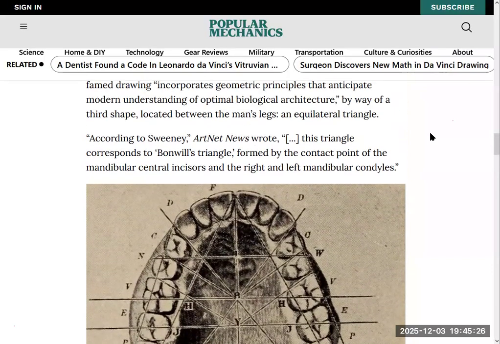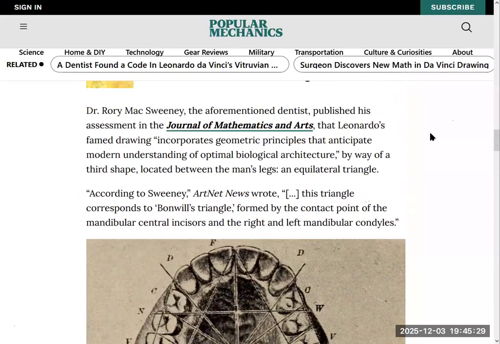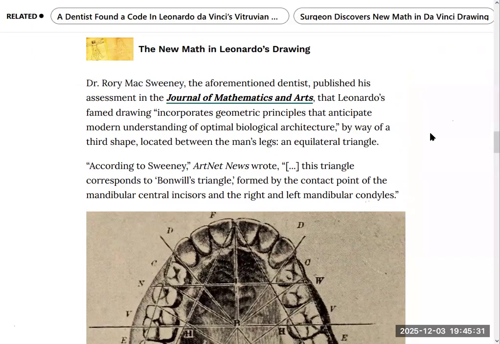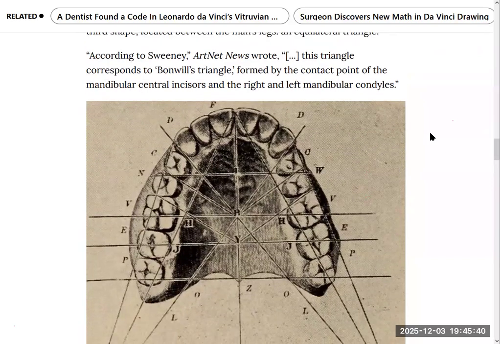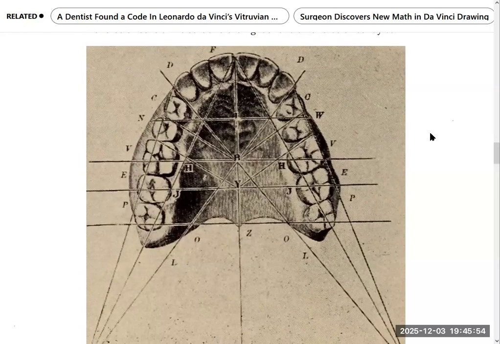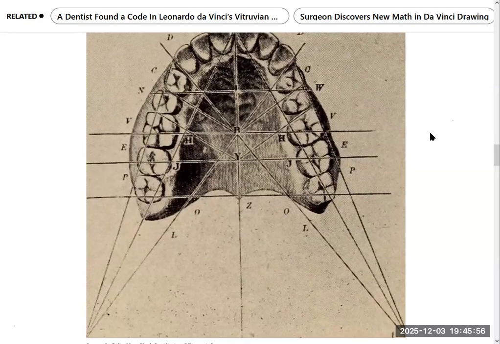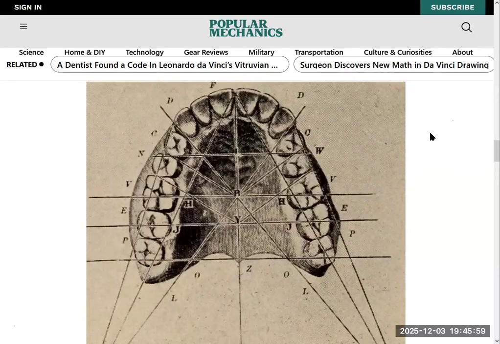Not really, but I can actually admire this dentist who just happened to discover another shape. What do you call it? The triangle, you mean? In the drawing, yes.